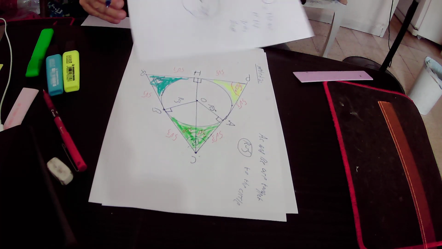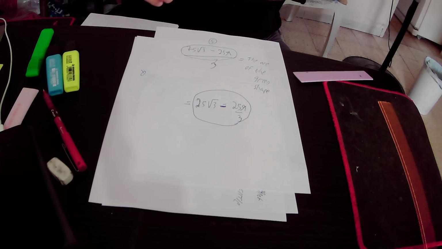So we found out that the area of the green shape equals 25 times root 3 minus 25 pi over 3 square units.